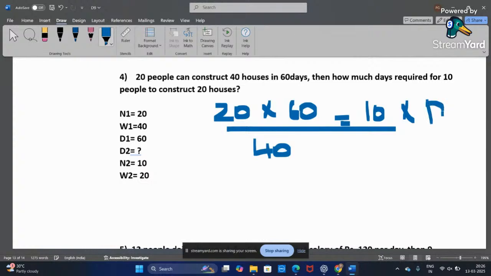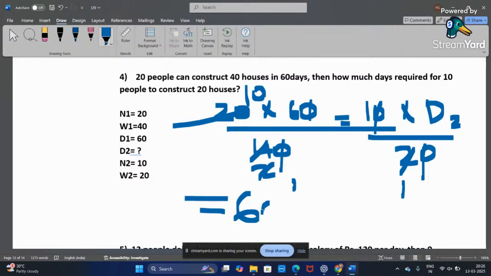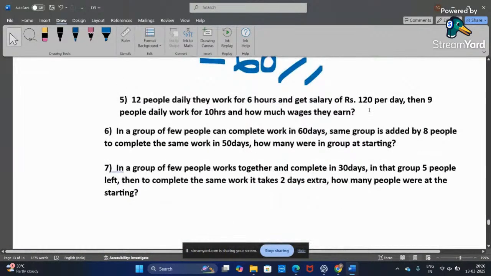We need to find the D2, and here W2 is 20. You can directly simplify like this. 2 ones are 2, 2 twos are 4, 2 tens are 20. So it is 60. 10 into 6, the answer D2 is 60 days. We'll move on to the next problem.